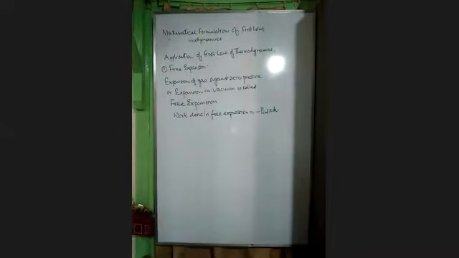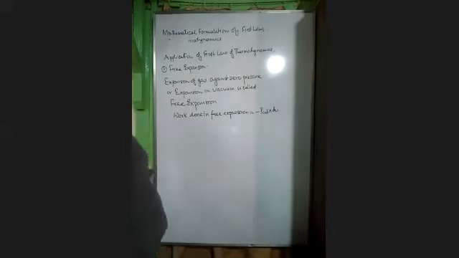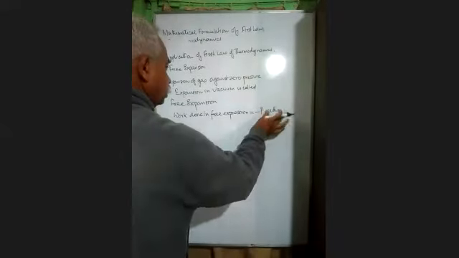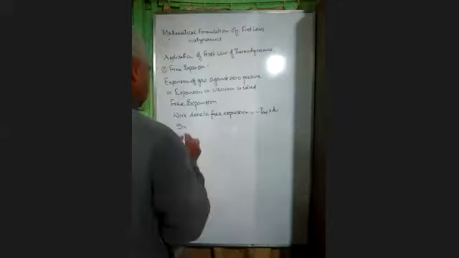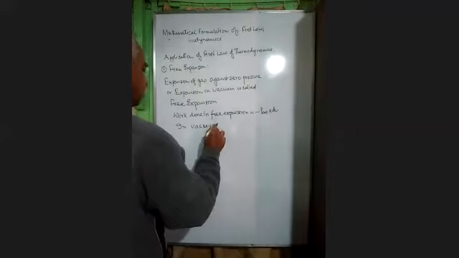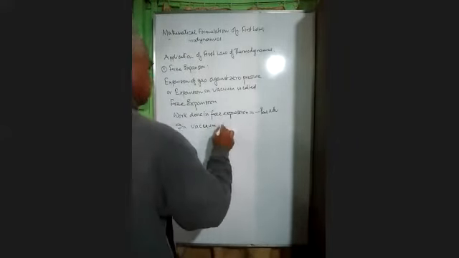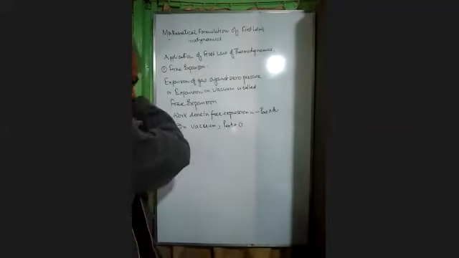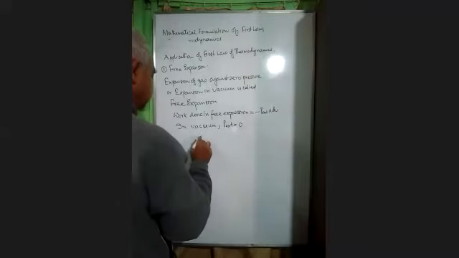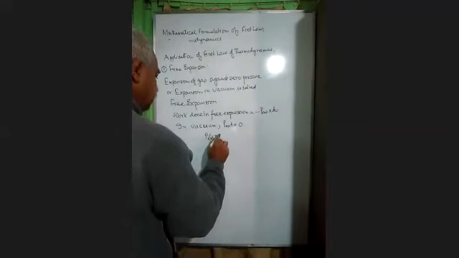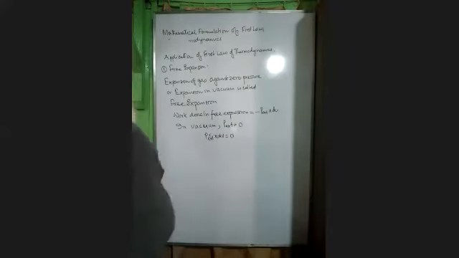So it is expanded. See, in vacuum, there is no air. So if there is no air, then where from the P external? In vacuum, P external is equal to 0. Therefore, P external delta V is also equal to 0.